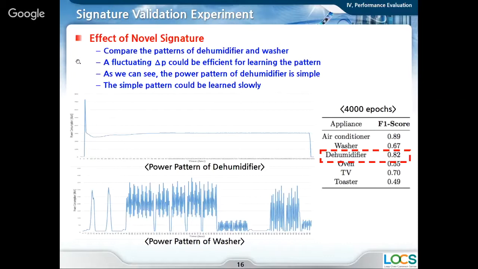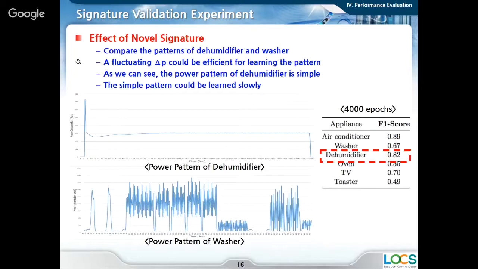So we thought that the novel signatures can be fixed to a similar value if the pattern is simple. So we thought that this can be the reason why the performance of the dehumidifier is low.